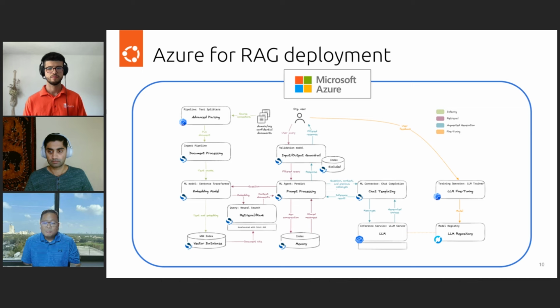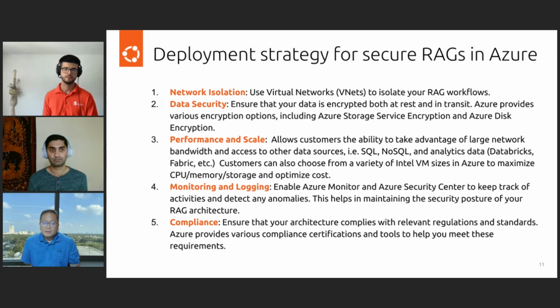All the components that you see on this slide run on Intel VM SKUs on Azure, along with the storage and the networking. I'll give you some specific reasons why customers are leveraging Azure for that. Let's go to the next slide.